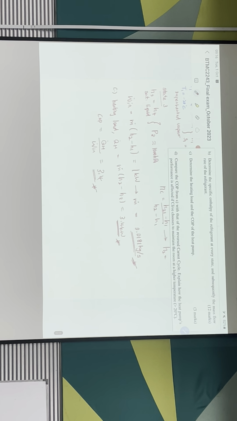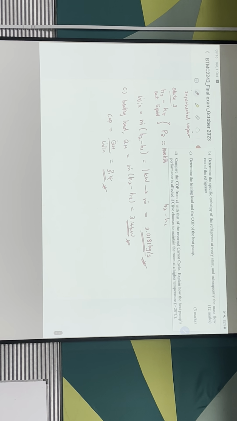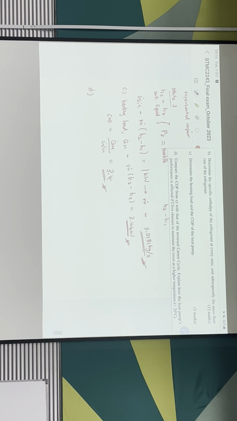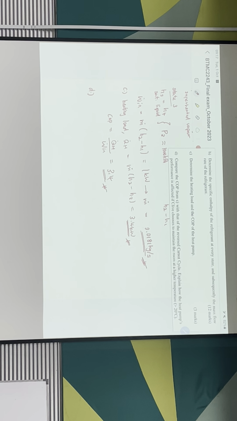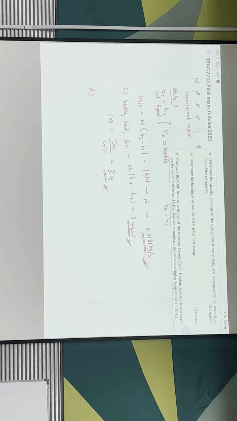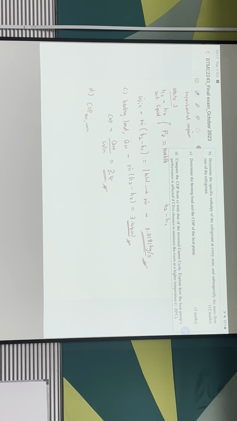Alright, then we move on to D. So D is a very straightforward question at first as well. So compare the COP from C, which is what you have just calculated, with that of the reverse Carnot cycle. So obviously, if you want to compare, you calculate it first. So you calculate the reverse Carnot cycle COP first.